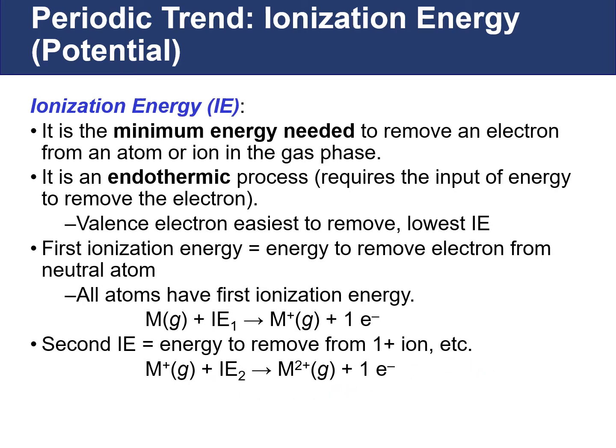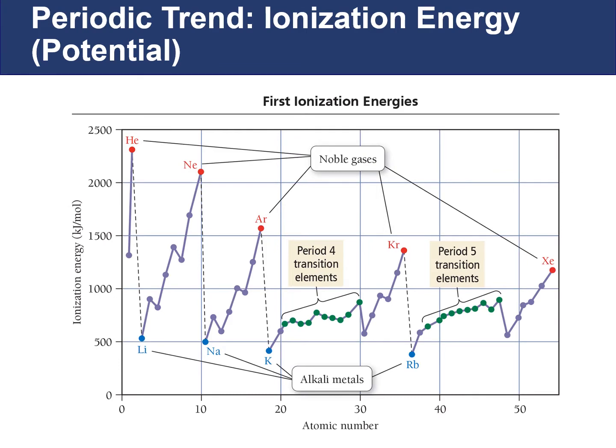We can then remove the third, fourth, fifth, sixth, depending on if the atom already has 3, 4, 5, or 6 additional electrons. In our discussion, we will first look at the trends in the first ionization energies, and then we will look at the trends for second and sequential ionizations to see what types of trends we can spot.